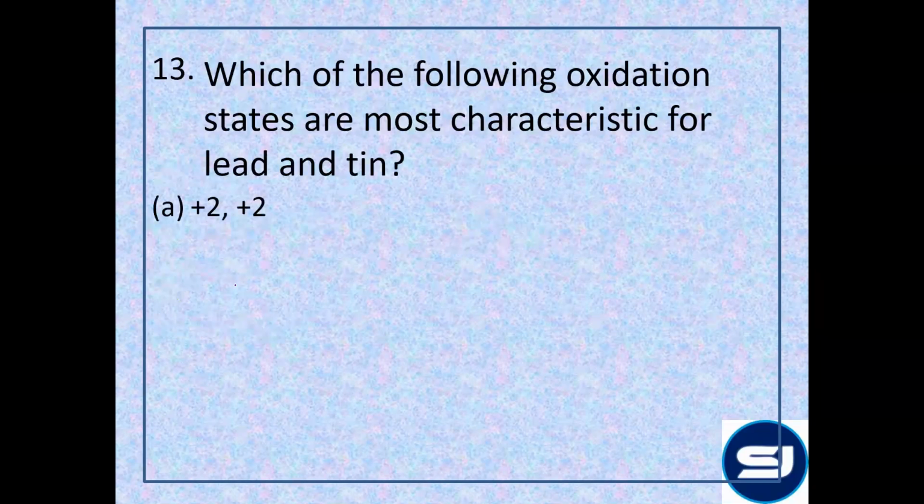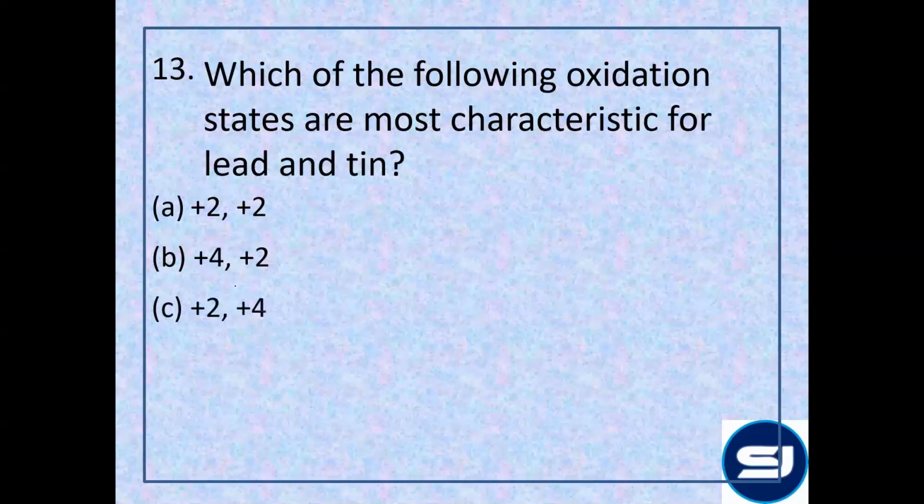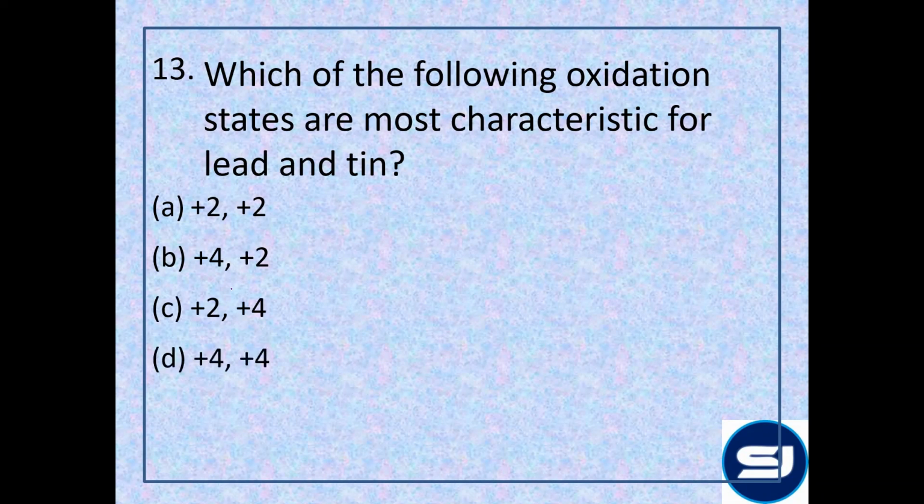Which of the following oxidation states are most characteristic for lead and tin? How do you decide the oxidation state which is stable for a given element? Inert pair effect. So for a bigger element the smaller oxidation state, and for a smaller element the bigger oxidation state, is always more stable. So tell me, for lead and tin, what would be the characteristic oxidation states?